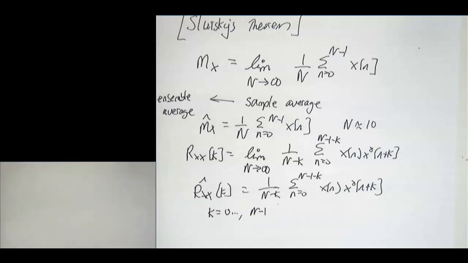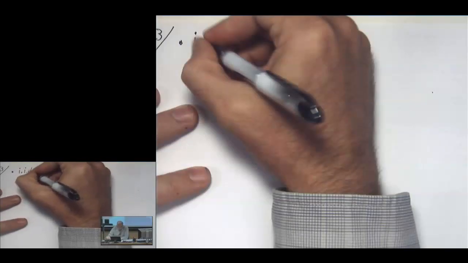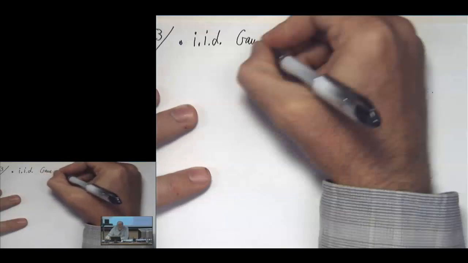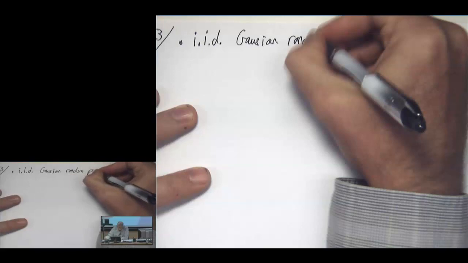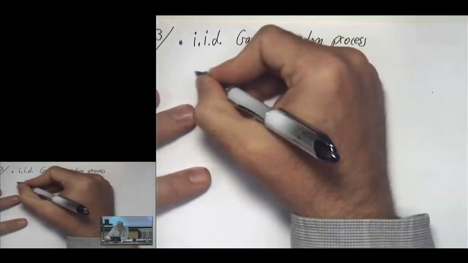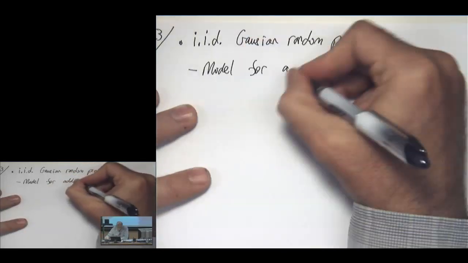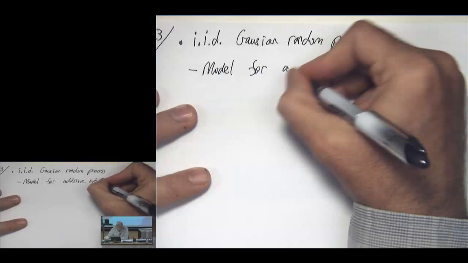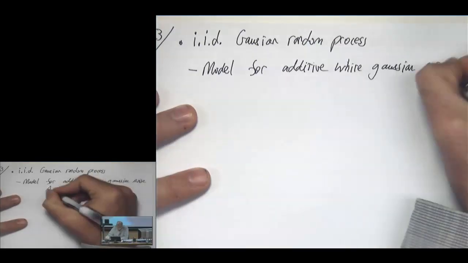Okay, the final thing that I want to mention in probability and random processes is the IID Gaussian random process, because this is the model that we'll use for our noise. This is the model for additive white Gaussian noise, or AWGN.